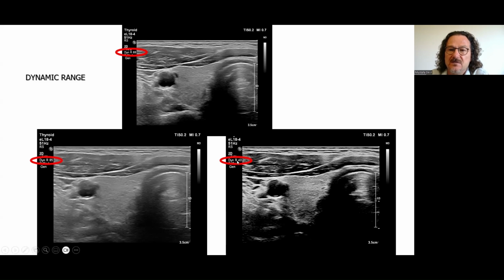You see, low dynamic range means high contrast, more black and white image. High dynamic range, the gray shades approach each other and the contrast is lost. So not high, not low dynamic range, but an optimal one for an optimal contrast.